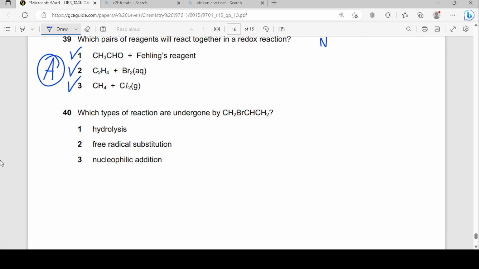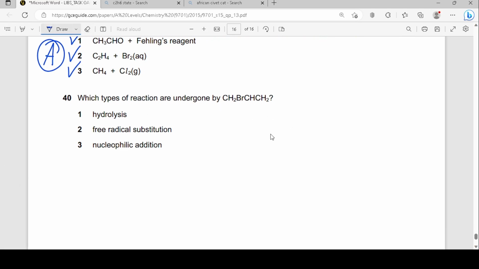Anyways, which types of reaction are undergone by CH2Br CH2? Let me draw it out. First, let me draw the skeletal formulas. CH2Br, and then CH2. But let me draw it out like this as well.